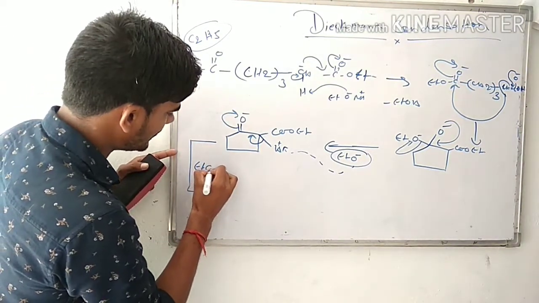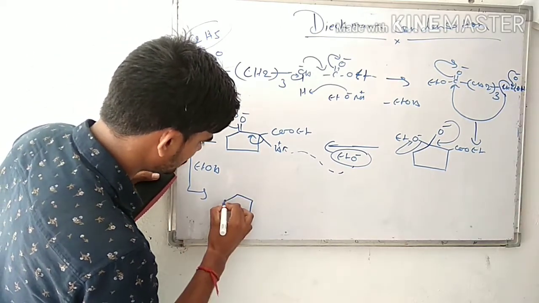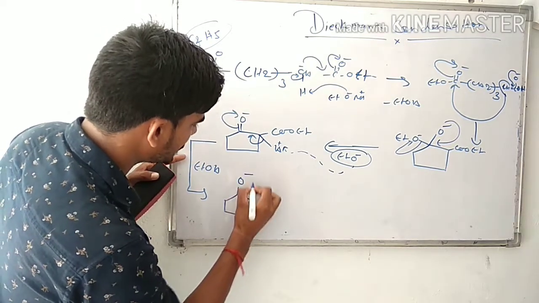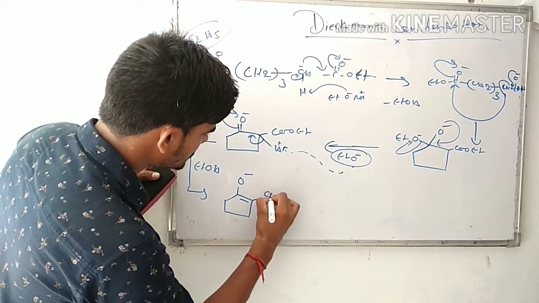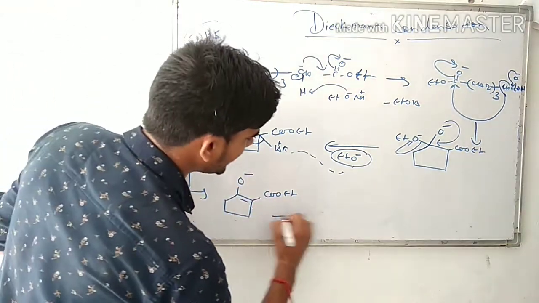This forms an alcohol molecule, and here oxygen negative, double bond, COOEt.